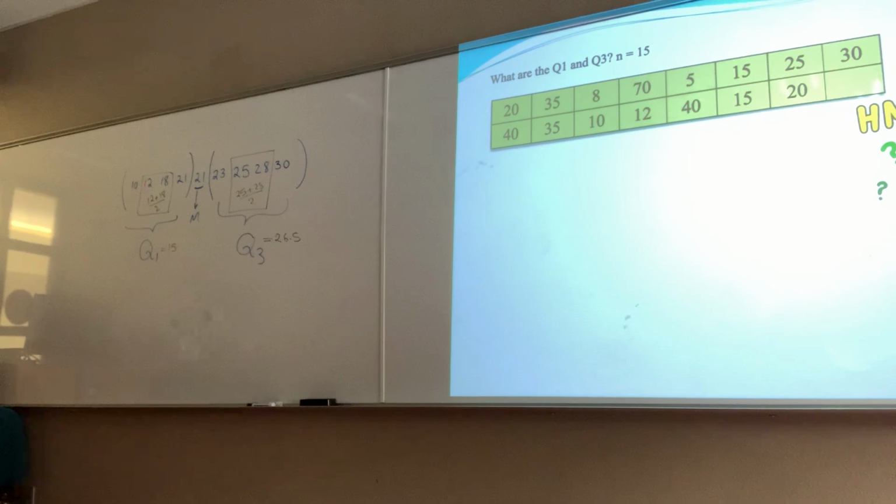You should have 15 observations, right? Don't miss any of them. If you miss any of them, you are going to find a wrong midpoint.